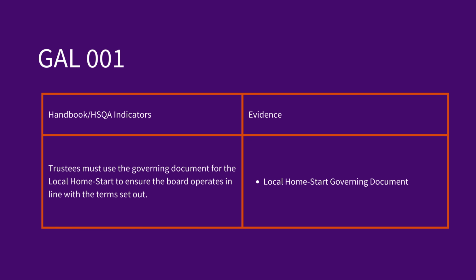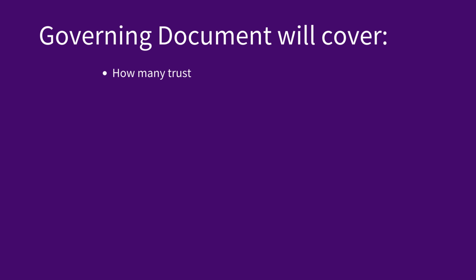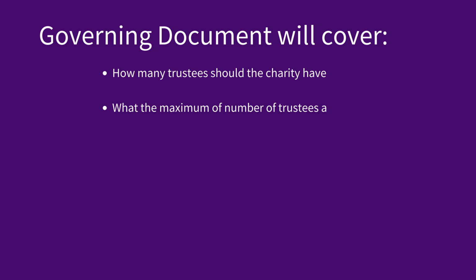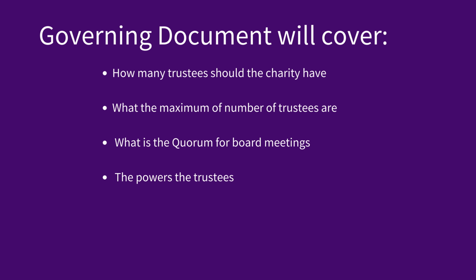And that's going to cover things like how many trustees should you have. It might cover what the maximum number of trustees is. It will cover what is the quorum for board meetings and the powers that trustees have as well. And they will all be outlined in your governing document.